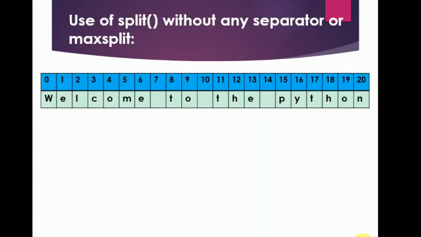The first thing is we use split without any separator or maximum split. We are not supposed to pass anything, it means it is going to be a blank split function that we use. Already I have shown you the string welcome to the Python. So first, I need to use split to extract the words from the string.